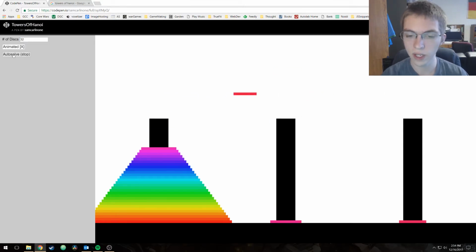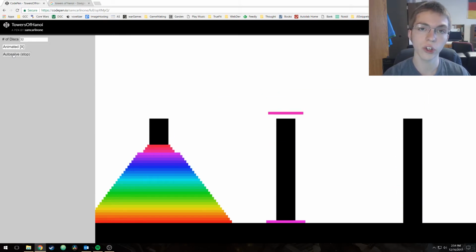It is solving it just as if we were doing it, except we're not, because we're not good at this, and we don't have the patience, because in this case it's taking about a second per move, and we've got 32 disks here. And according to the equation I just told you, which you probably don't remember after one time through, it's 2 to the n minus 1.